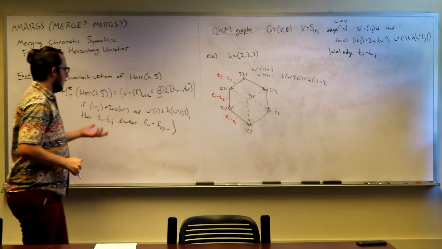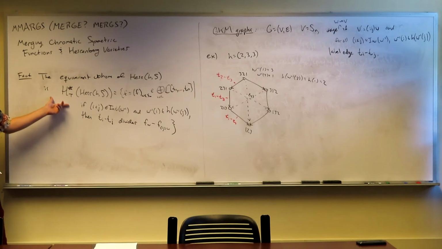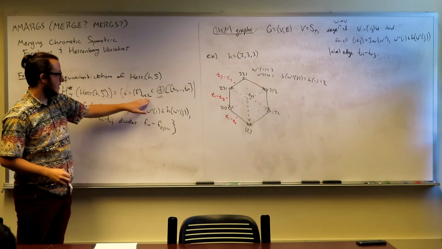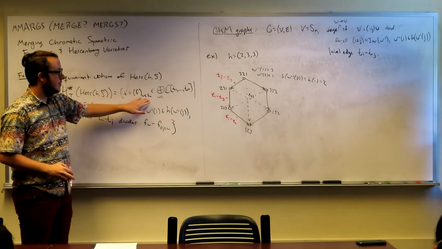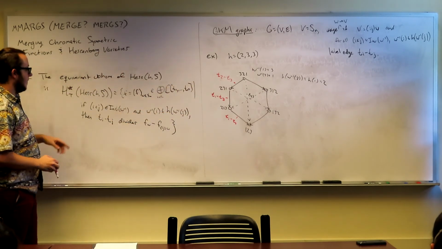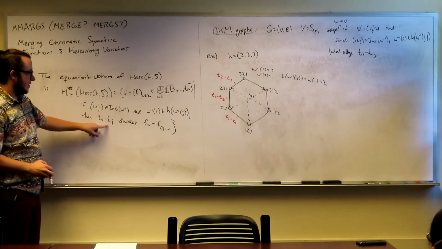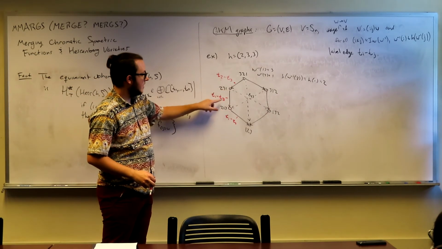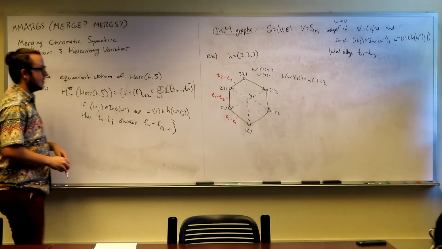And that gives you a nice way of visualizing this equivariant cohomology ring, because this corresponds to a polynomial for each permutation in Sn. So I can put a polynomial on each of the vertices. Then this divisibility criterion just says that if I have a polynomial here and a polynomial here, the edge label has to divide the difference.